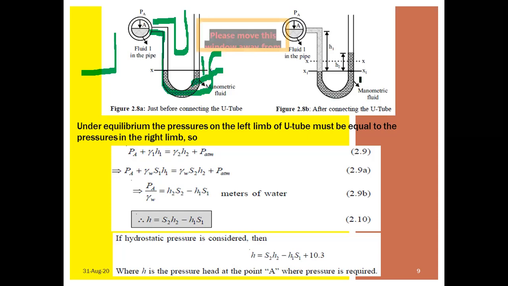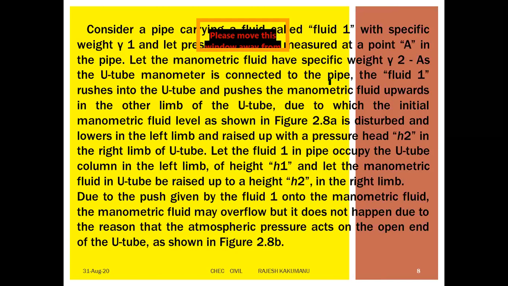Whenever it rises like this beyond the regular manometric fluid level, you see the difference. The U-tube pushes the manometric fluid upwards in the other limb of the U-tube, due to which the initial manometric fluid level is shown in the figure 2.8a.